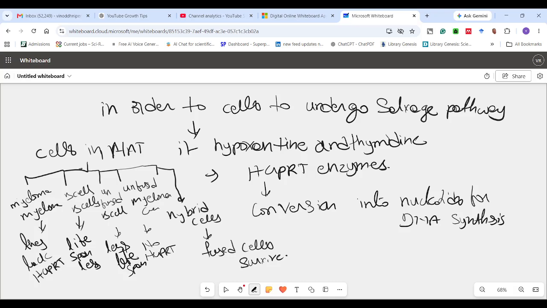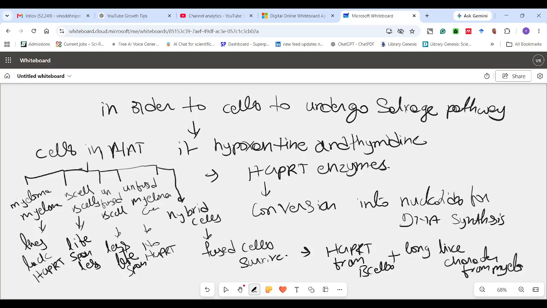Why will they survive? Because the fused cells have HGPRT from B cells, plus the long-lived characteristic from myeloma cells.